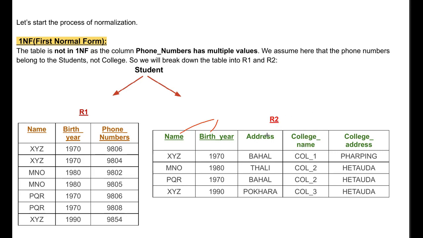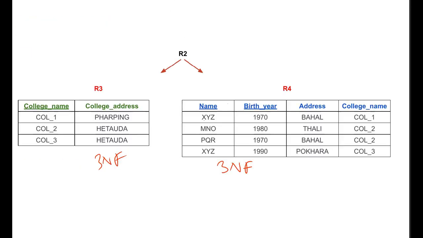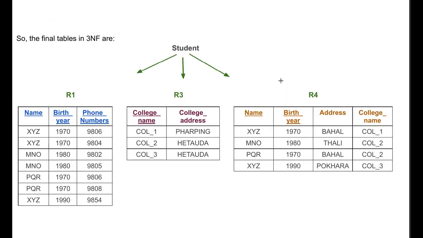You can watch that. Anyway, the final goal is to remove all the anomalies, remove partial dependency and transitivity. So you can take either route, finally both ways you will reach here. There is no need to worry, whatever method you prefer you can take.